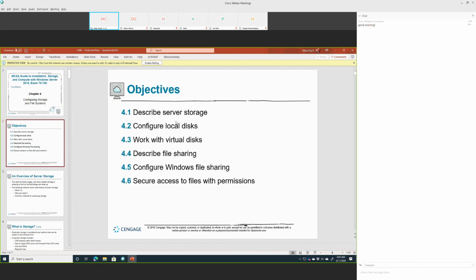In the old days, we used to have IDE, which is parallel. I don't know if some of y'all maybe remember that wide ribbon cable, it was 40 pins. So we used to buy a controller with 2 plug-ins, and we get the cable, and each cable has 2 connectors.